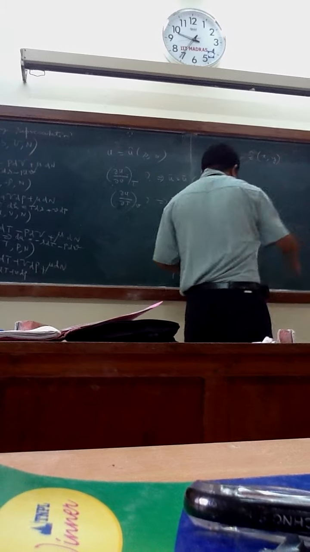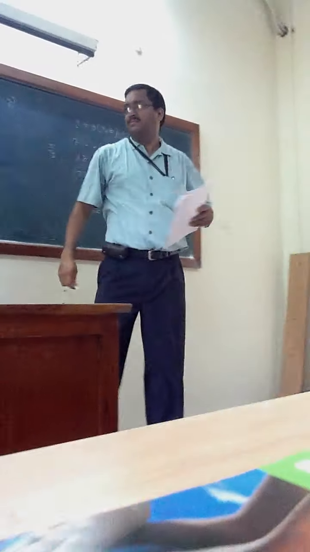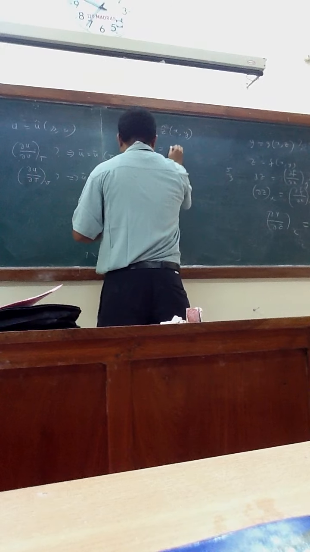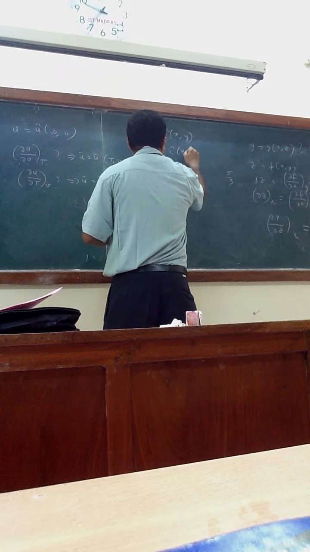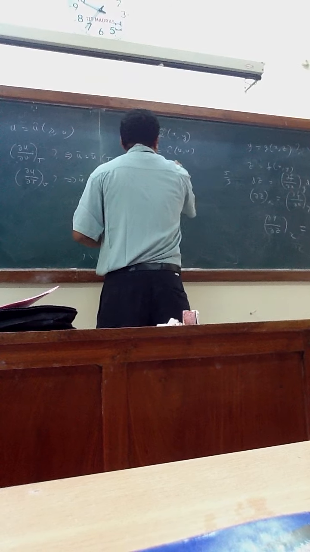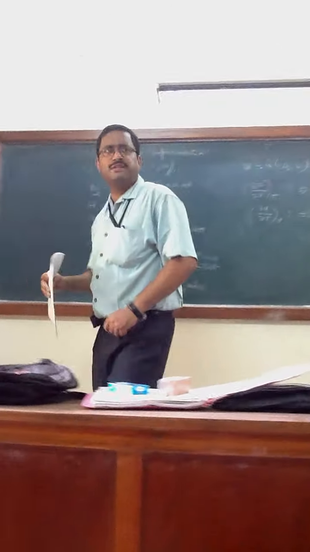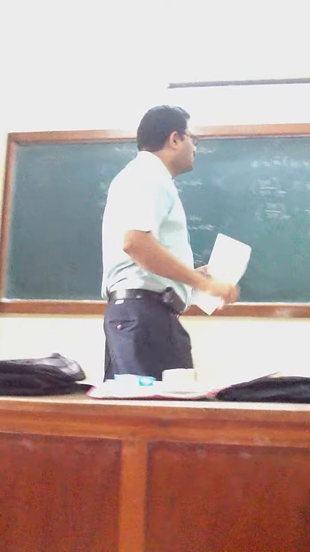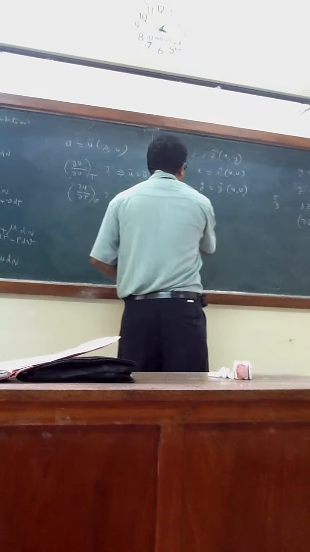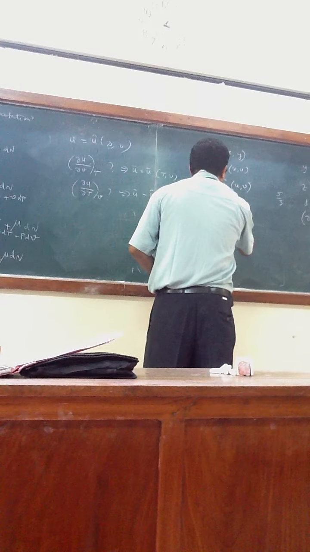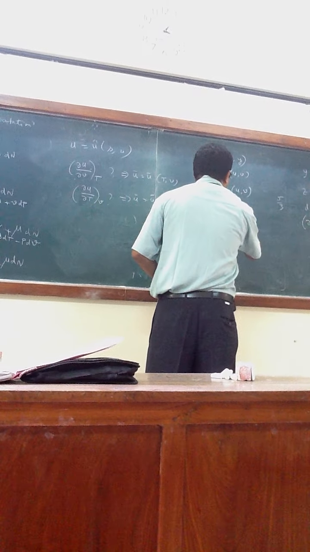z is a function of x, y. x is a function again of u, v, and y is a function of u, v. I think I have done this in the class earlier, right? So what will be your z? Your z is z hat of x, u, v.